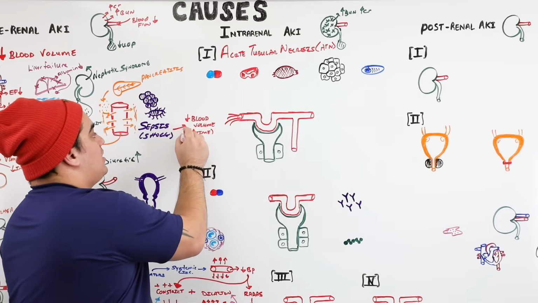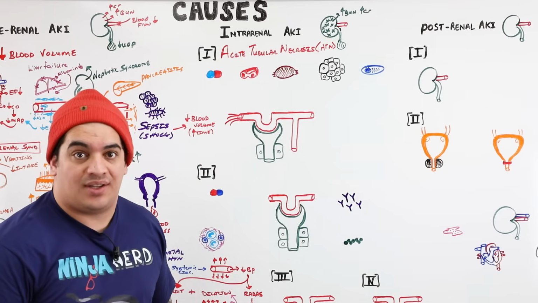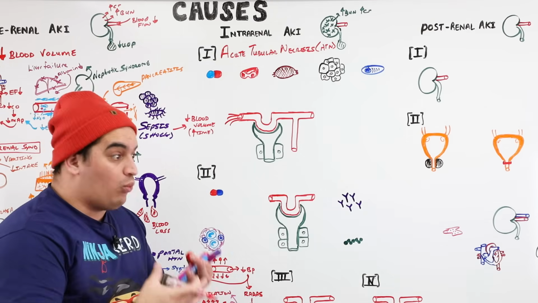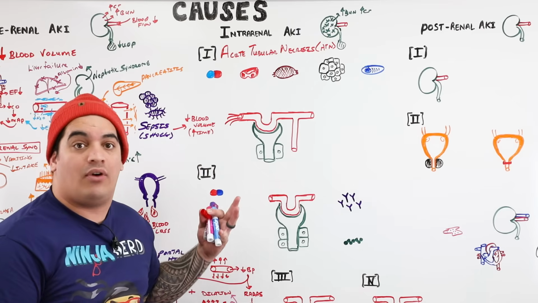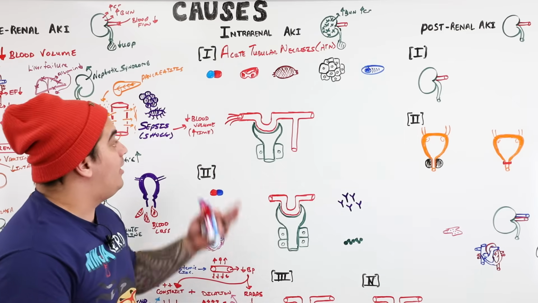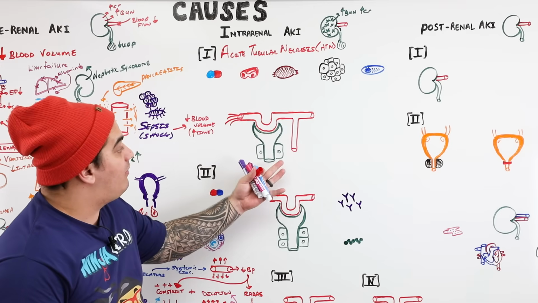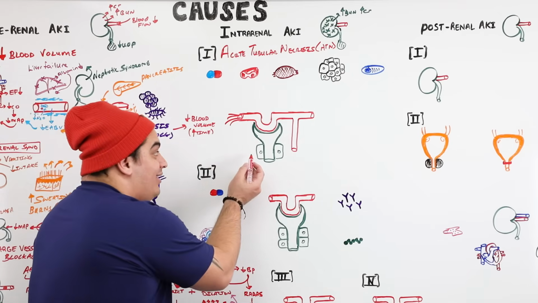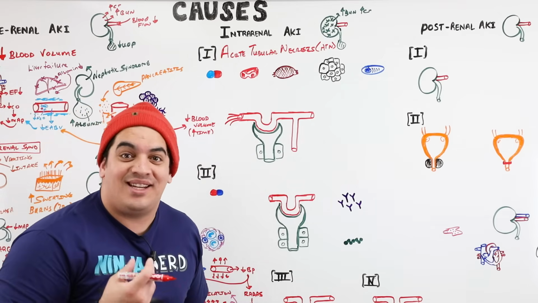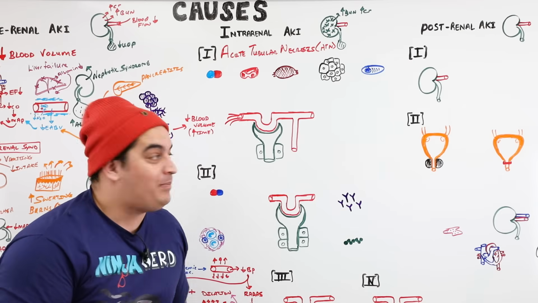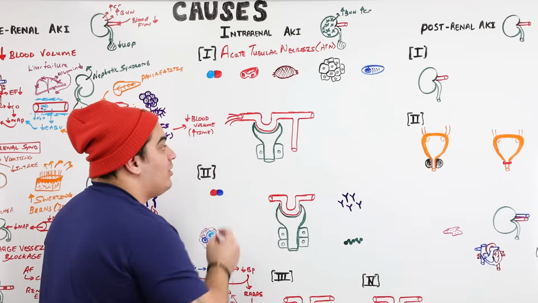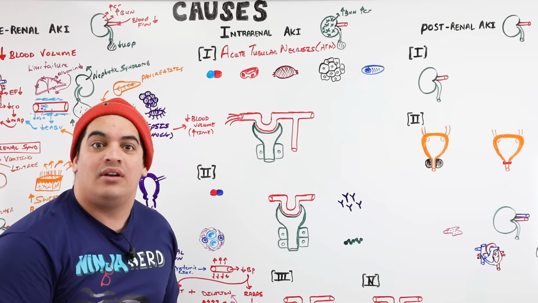Someone who has severe sepsis that goes on for long periods of time, it really lowers your effective arterial blood volume. And if it's not effectively treated, that reduces a significant amount of blood flow to the kidneys. And guess what? The little kidney tubule cells depend upon oxygen as well to be able to work. And if you're not giving oxygen to these poor little guys, what's going to happen? They're going to undergo ischemia.